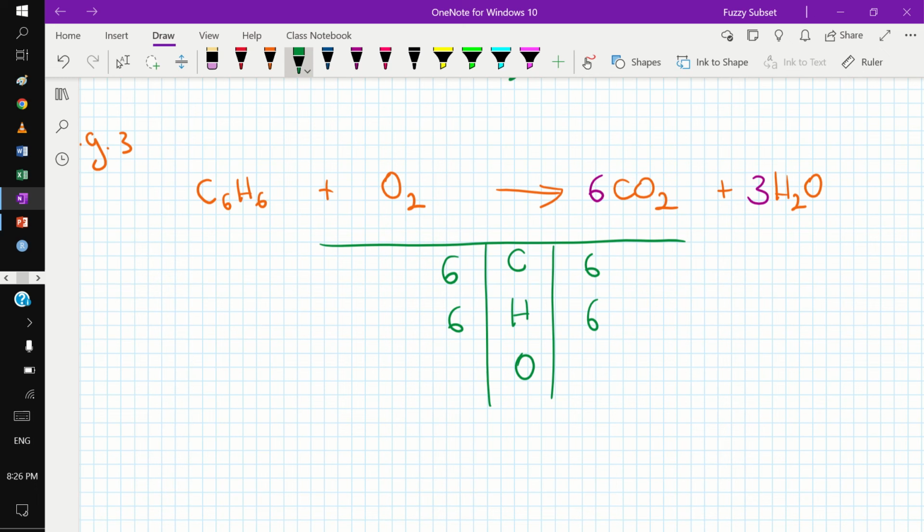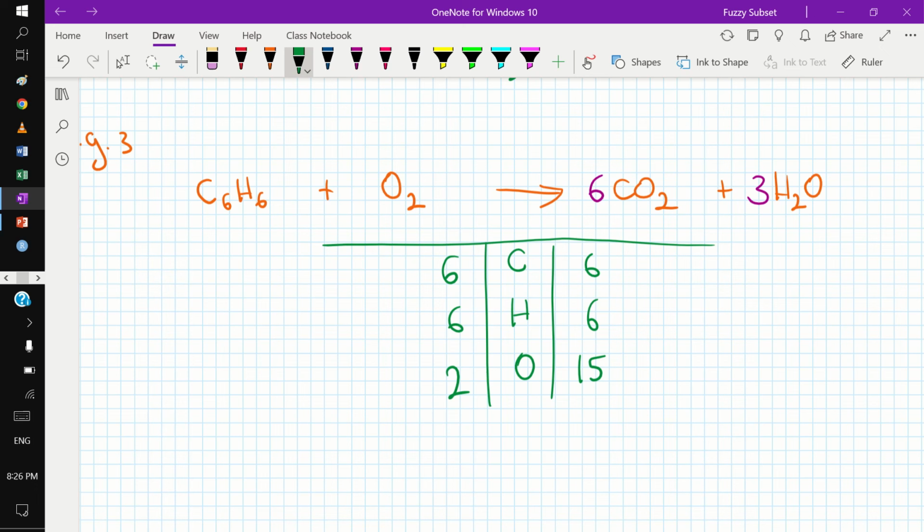Now we want to go to oxygens. So on the left we have 2 oxygens, and on the right we have 6 times 2, which is 12, plus 3 times 1, which is 3, making a total of 15 oxygens. Okay, 15 oxygens on the right in total.